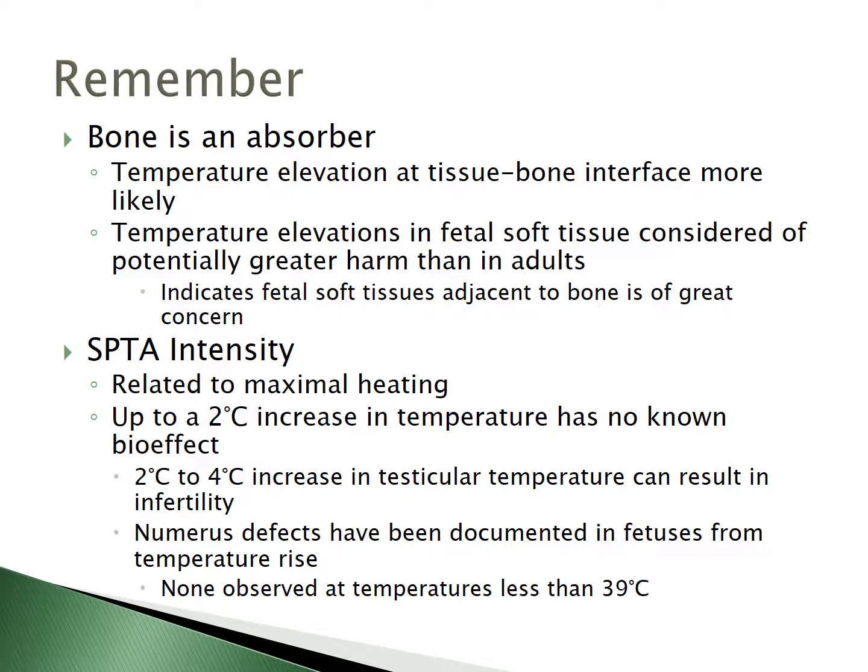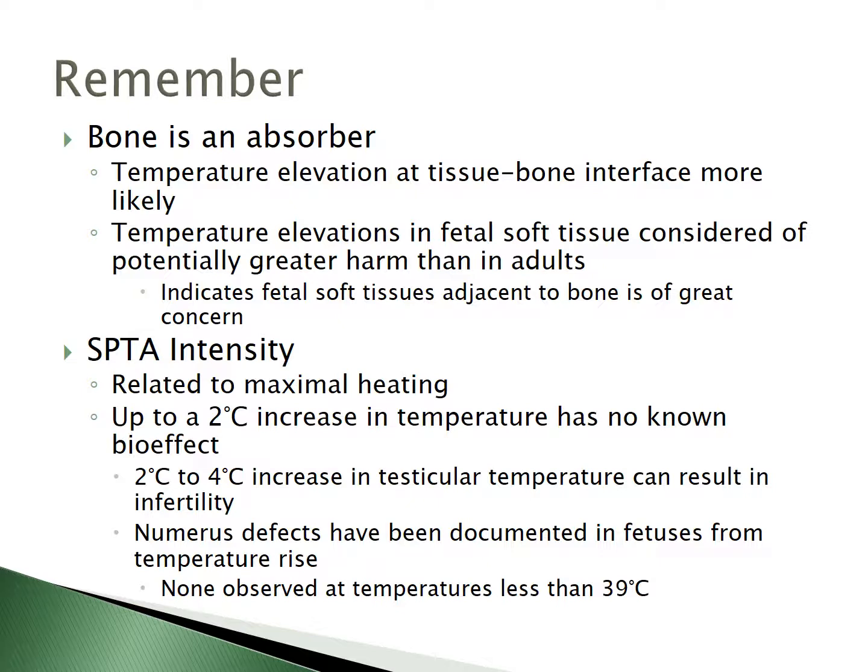The thermal index all has to do with the SPTA intensity, as that is what is related to maximal heating, the most intensity that's coming out of that ultrasound beam. In studies, we have found that there is no known bioeffects if we only get a 2 °C change in the tissue temperature. But after we get past that 2 degrees, we have found that even a 2 to 4 degree increase in testicular temperature can result in infertility.